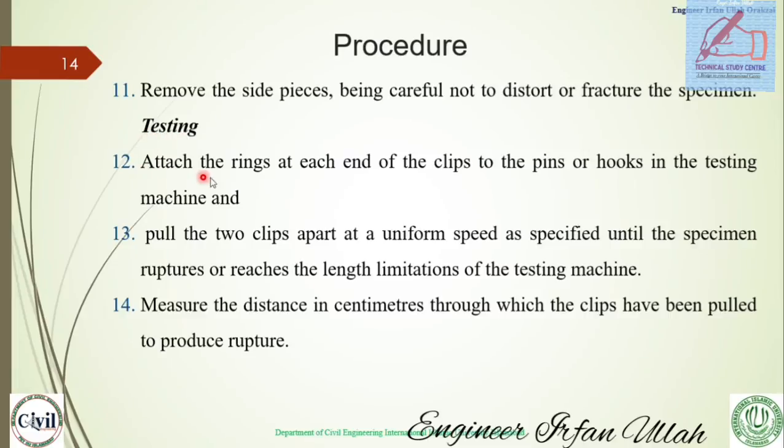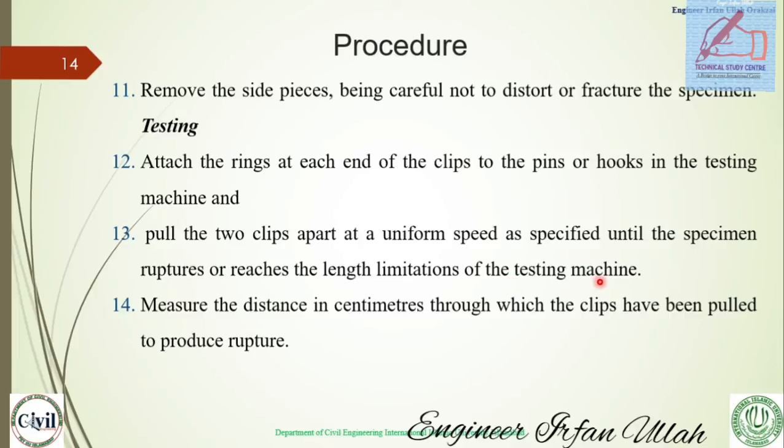Attach the rings at each end of the clips to the pins or hooks in the testing machine. Then pull the two clips apart at a uniform speed. This is done by the machine itself, as specified, until the specimen ruptures or reaches the length limitation of the testing machine.